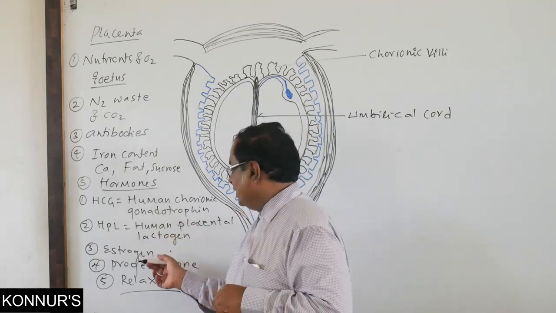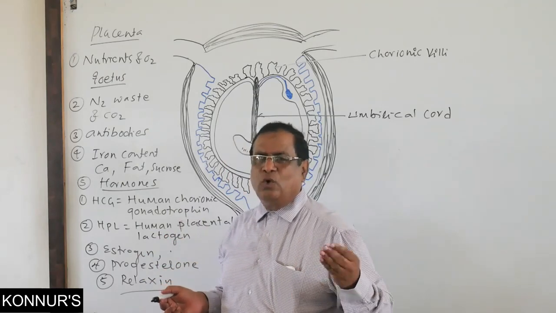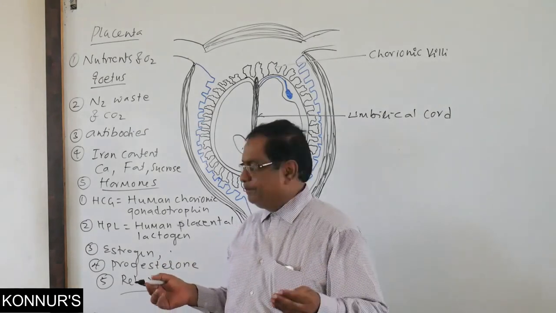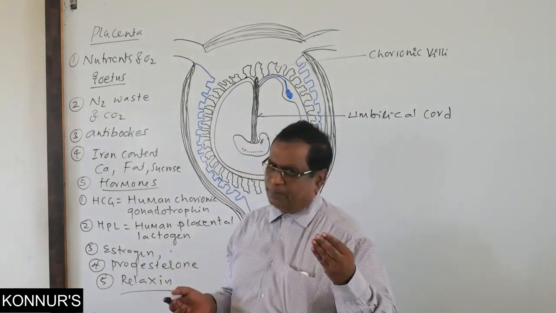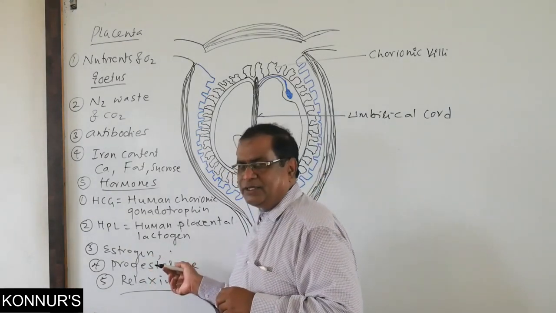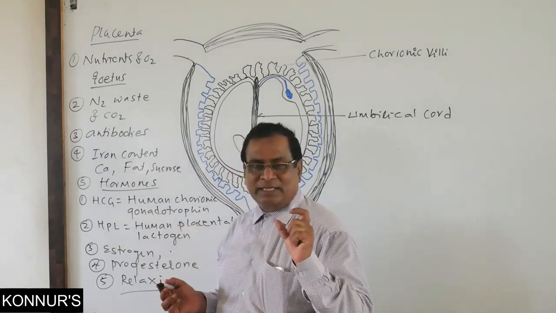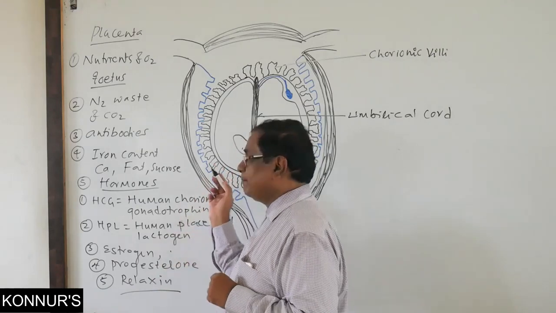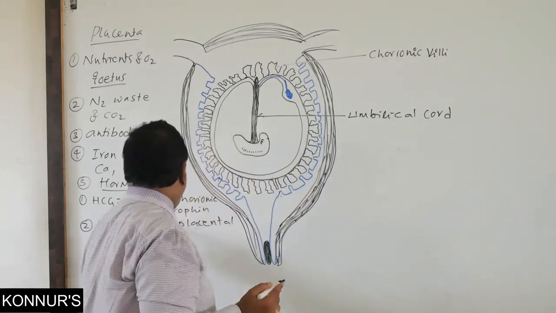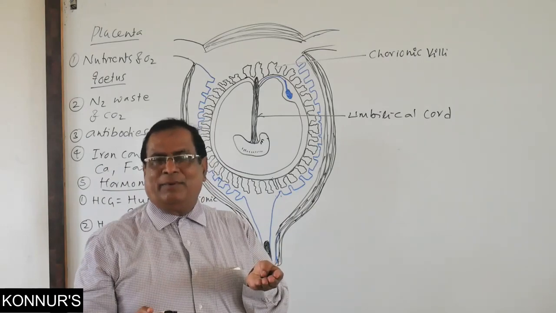And remember, estrogen and progesterone are hormones which are produced in ovary also. Estrogen is produced by Graafian follicle and progesterone is produced by corpus luteum. In addition to that, estrogen and progesterone are also produced from placenta. And during pregnancy period, in the mother's blood, all these hormones must be at maximum level.